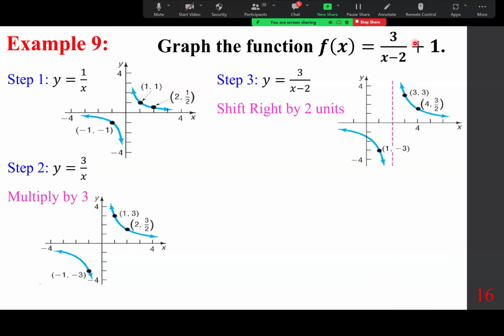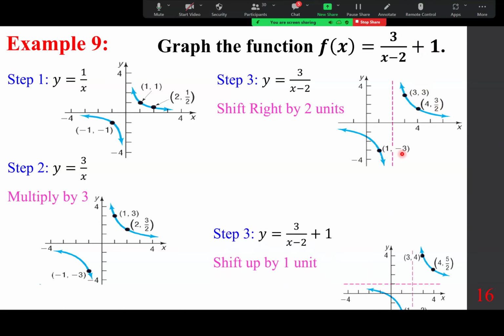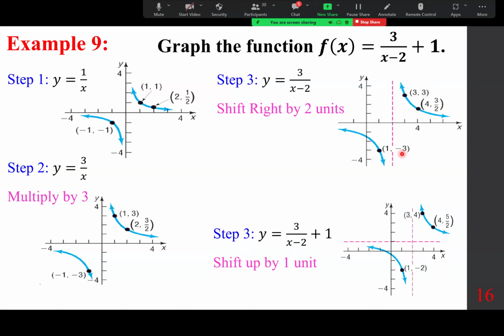So we have this finally plus 1, shifted up by 1 unit. When we do that, to all the y coordinates we need to add 1. So 3 comma 4, 4 comma 5 halves, 1 comma -2. So we shifted up by 1 unit, and it looks like that. So the effect is, of course, that the vertical and horizontal asymptotes are different.